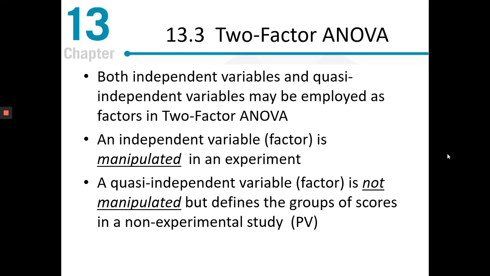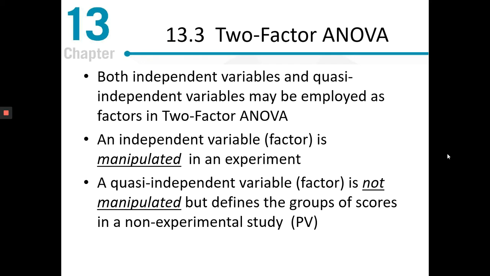So now we're talking about 2 independent variables and/or predictor variables. They each count as 1. You could have one independent variable and one predictor variable, which the book calls quasi-independent. So that's a predictor variable in our book. It could be one IV and one PV, or 2 IVs, or 2 PVs.